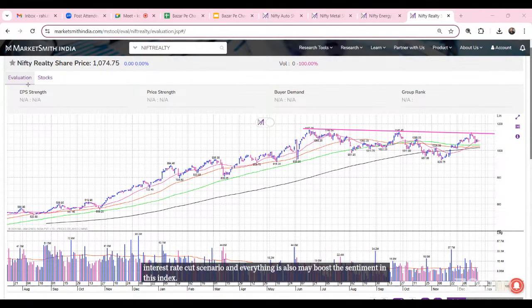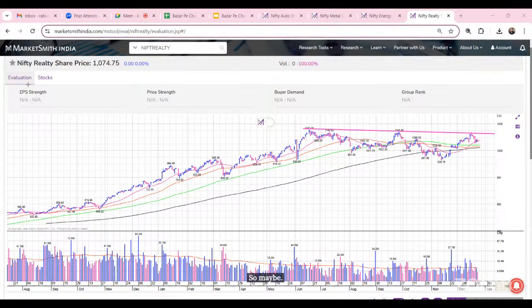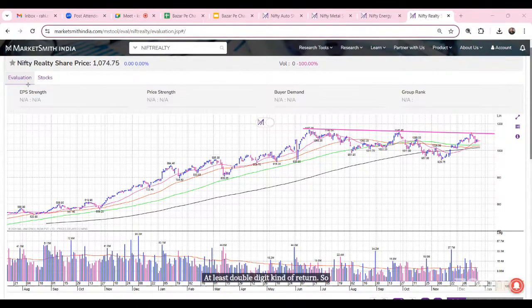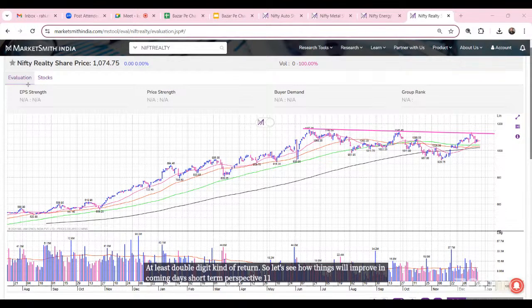So maybe not 40% kind of return again, but one can expect another moderate return in the next calendar year also from this index, or at least a double digit kind of return. So let's see how things will improve in coming days. Short term perspective, 1120, 1125 is a critical level to watch. Above that, maybe a fresh breakout will happen in this particular index.